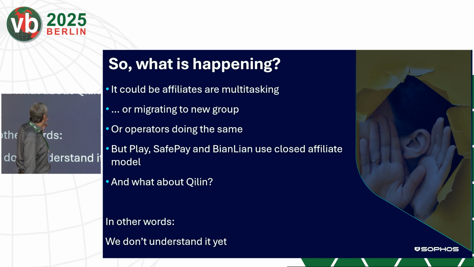For example, Play, SafePay, and Bialy are reported to have very closed affiliate models, so they don't really share things with others. And I can't explain and understand Killing, what's happening there. In other words, we don't really understand what's going on.